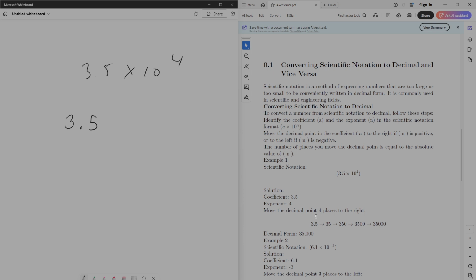So we're going to move the decimal point 4 places to the right, because the exponent is 4. 1, 2, 3, 4. And for the missing places, we're going to put zeros. So 3.5 times 10 to the 4 is equal to 35,000.